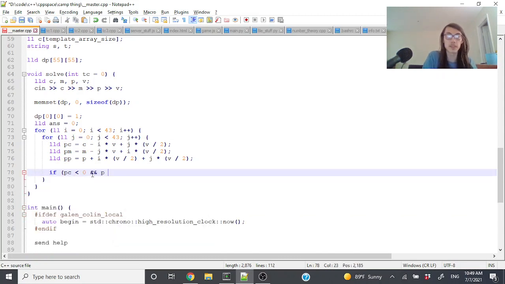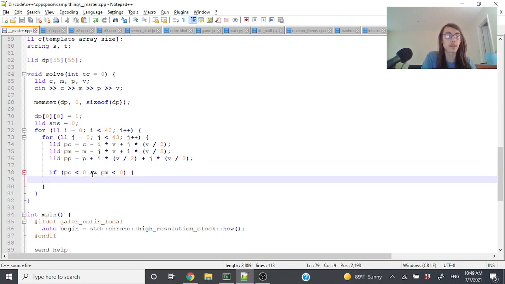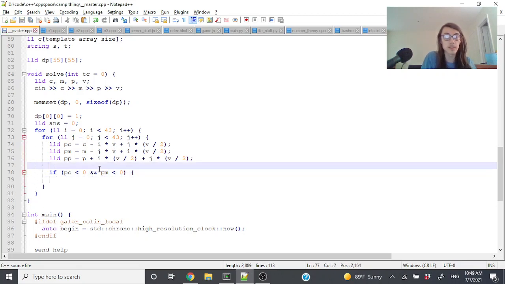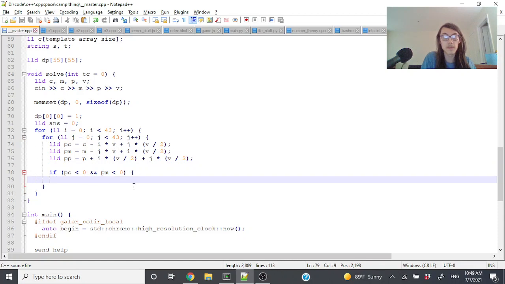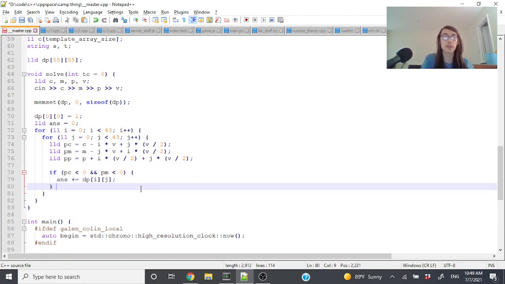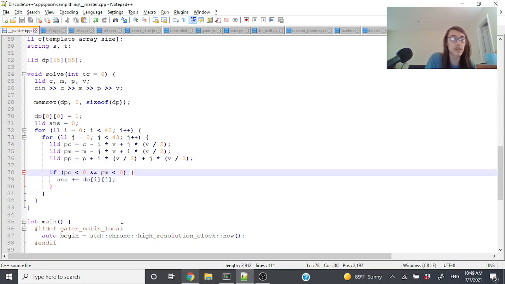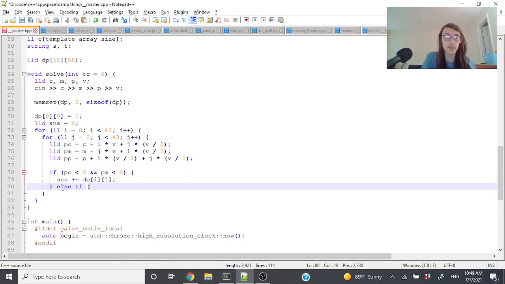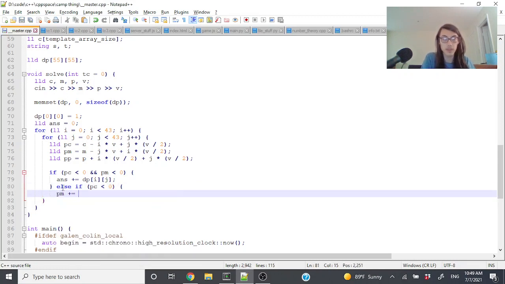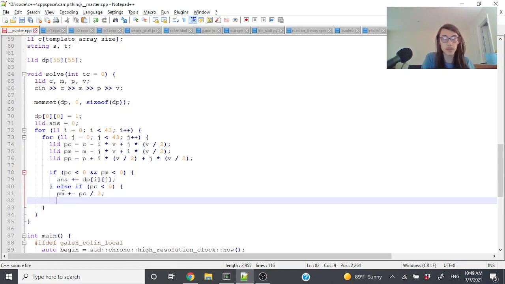If both of them are less than 0, then the only transition we can do is ans plus equals dp i j. That's it. Probability 1, because P is the only option we have left. Otherwise, if only PC is less than 0, then PM plus equals PC over 2, PP plus equals PC over 2.